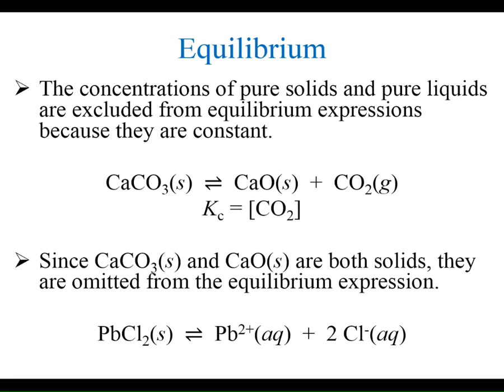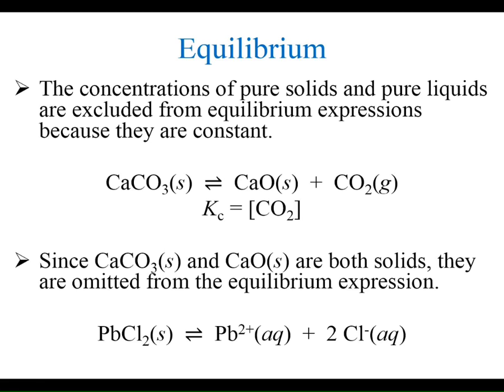How about this one? Lead(II) chloride, you put it into water, and it does dissolve just a tiny bit. It's basically insoluble, as you know from your solubility rules. But a little bit of it dissolves and makes lead(II) ions and 2 chloride ions. How do I write the K for that? It would be products over reactants.